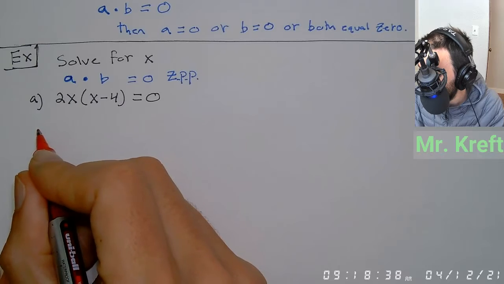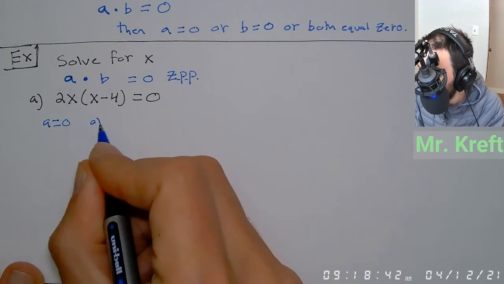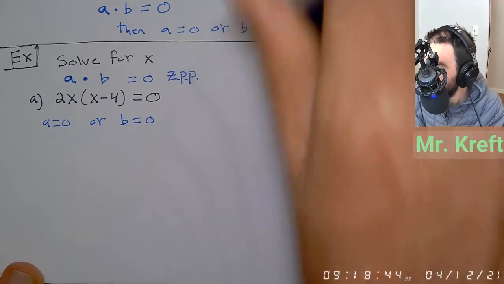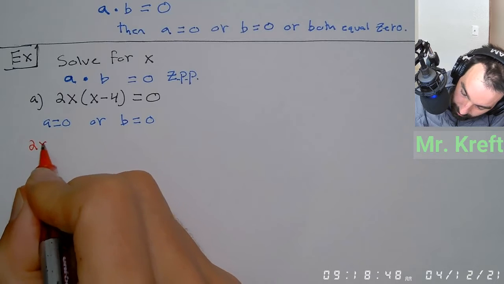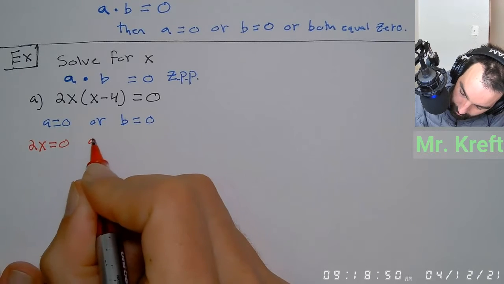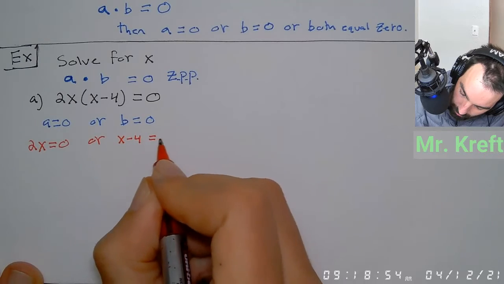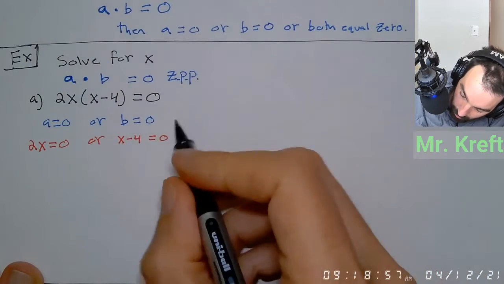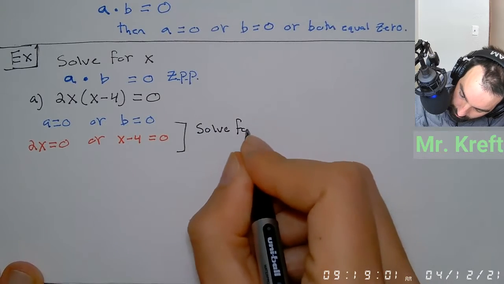So that means either A equals 0 or B equals 0. Well, my A here is 2x, and my B here is x minus 4. All we're going to do here is solve for x.